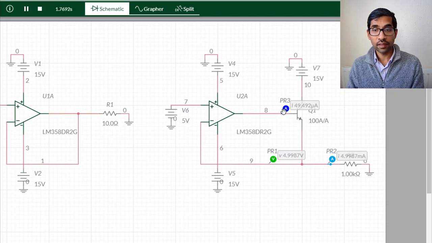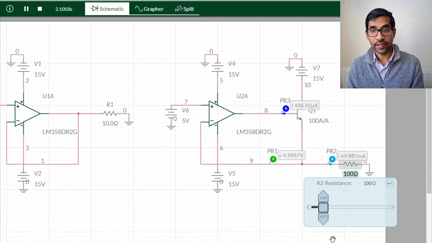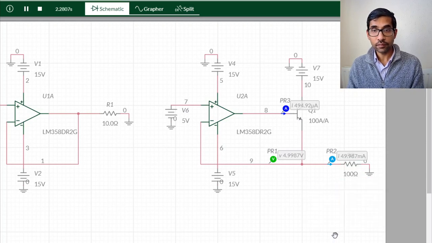Does that make sense? Now let's reduce the resistance here and make it 100 ohms. So now you have 49 milliamperes here and this voltage is still 5 volts. The base current changes to 494 microamperes, which is like 0.5 milliamperes. And this circuit is able to supply enough current, right?